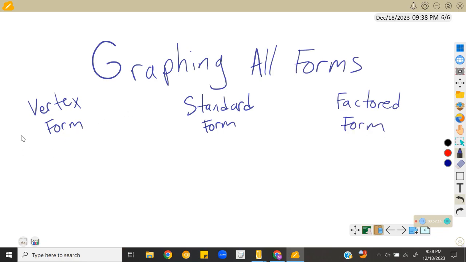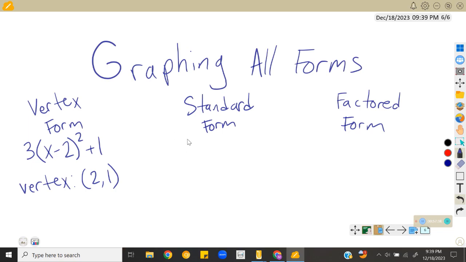Vertex form is where we had maybe something that looks like this, something that I hope you guys are used to seeing in your project. In this case, we would have a vertex at positive 2 and positive 1.